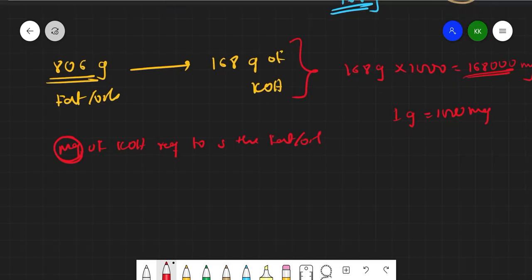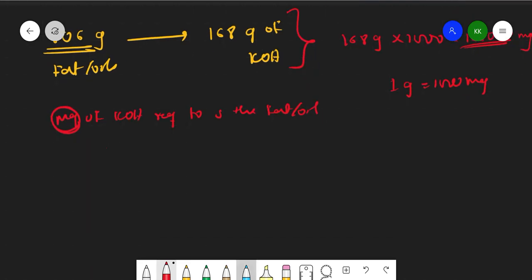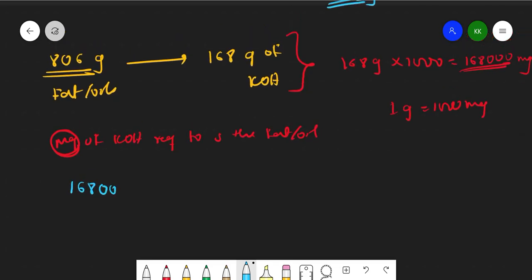So the number of milligrams of KOH required to saponify fat or oils, simply it becomes 168,000 milligram of KOH required to saponify 806 gram of fat or oil, right?